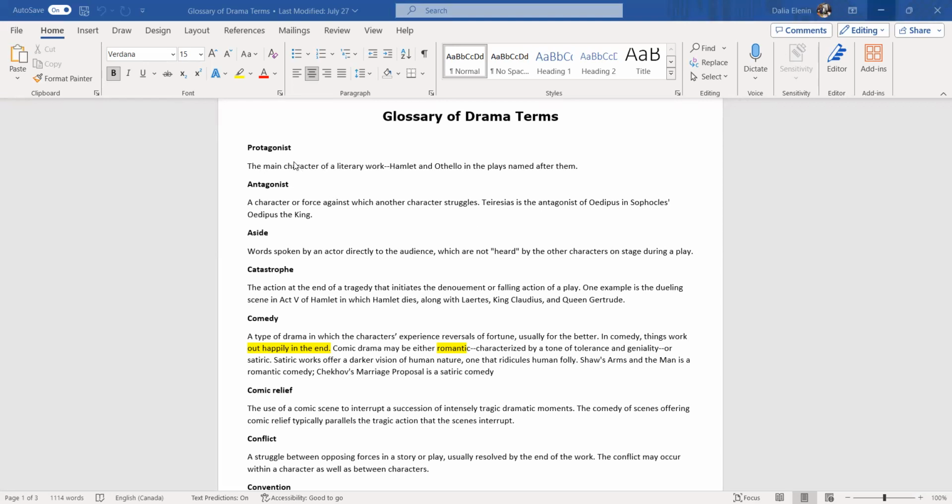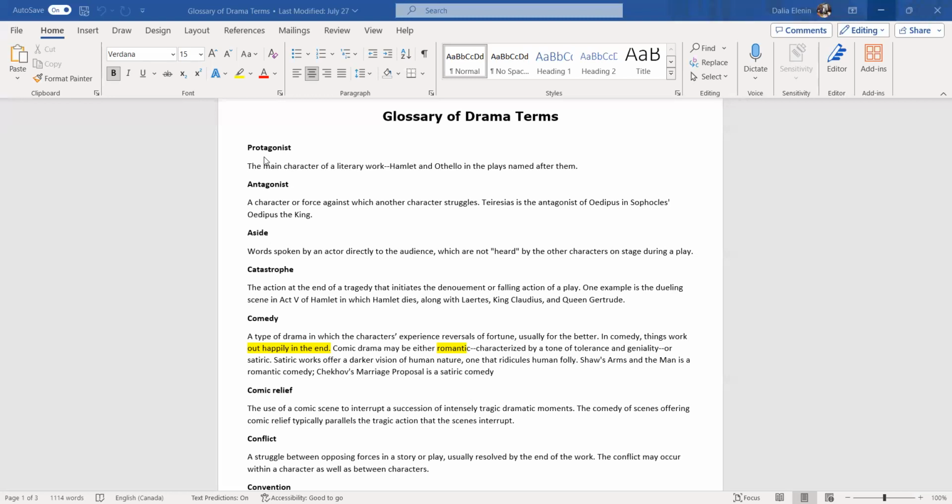So not necessarily protagonist is a good character, but it is all about the main character. You could read a story or a drama or a play about a villain, somebody who is evil, but this evil person is always the protagonist, the main character.